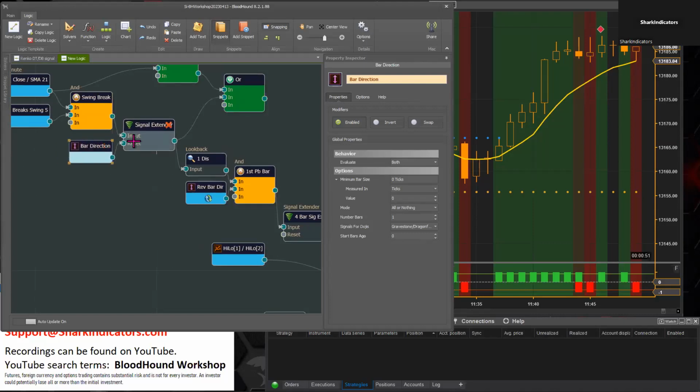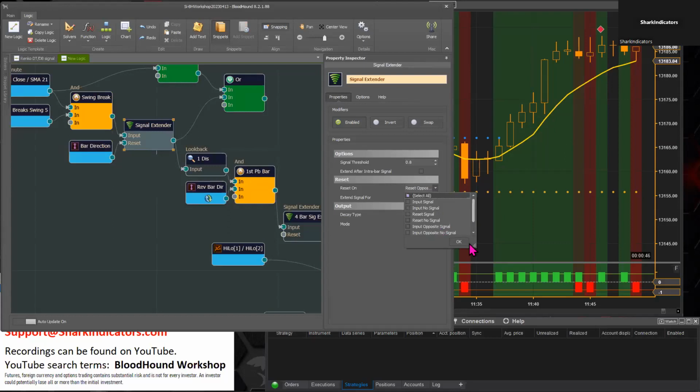Again, the reset signal back here, I'm using an opposite signal to reset it. So I'm going to do the same thing here. We have a long output, so I'm going to use a short signal, which is opposite of what's being extended.